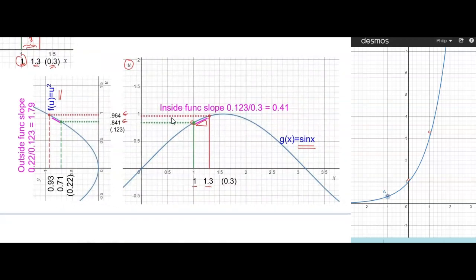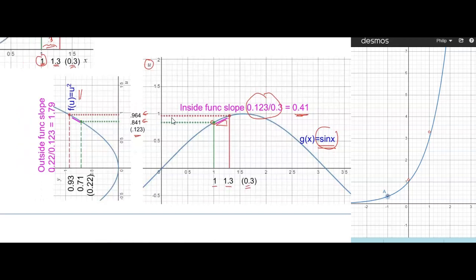Now, if I subtract these two, I can get the difference in the y-axis, and here there's a difference in the x-axis, and then I can find the slope by dividing them. The slope or the derivative of this first function is 0.41.